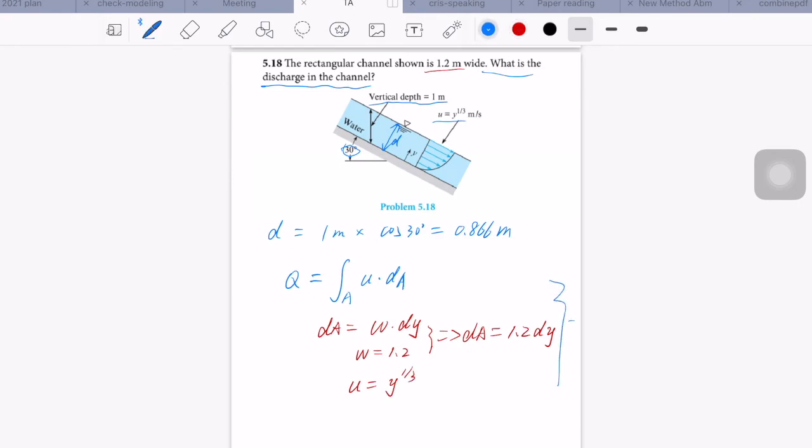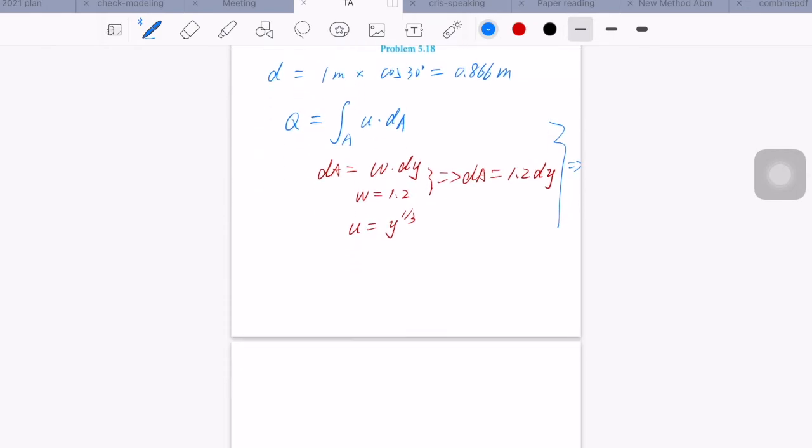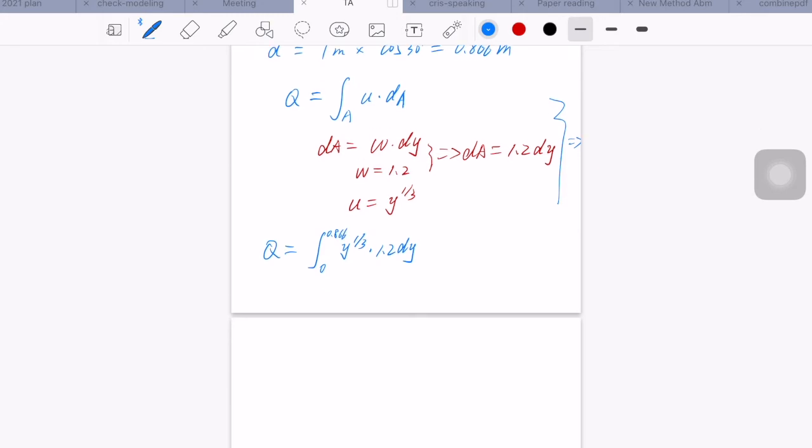So we can find that Q should be equal to the integral of y to the power of 1/3 times 1.2 times dy from 0 to 0.866, and equals 1.2 times the integral of y to the power of 1/3 times dy from 0 to 0.866.